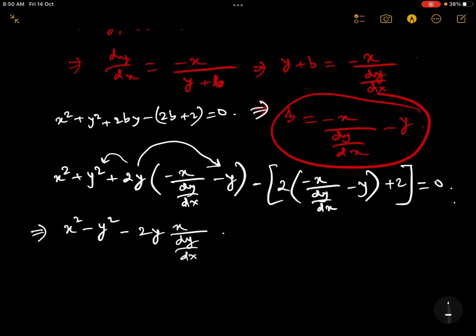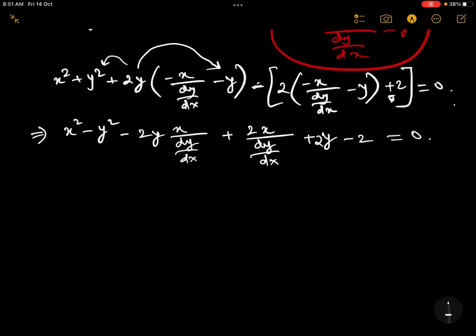And on the right side, in the second term, minus minus is plus 2x dy by dx, and minus minus is plus, plus y, and 2 is also there, of course, plus 2y, and minus into this plus is minus 2 equals 0.